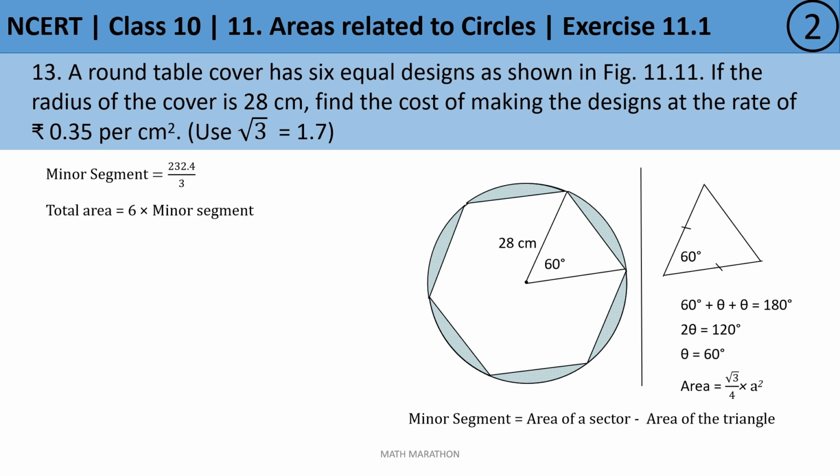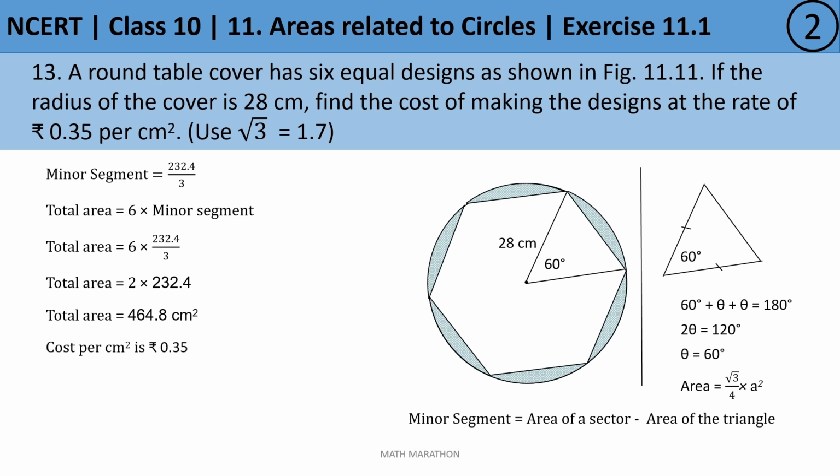Total area is equal to 6 multiplied by minor segment. Total area is equal to 6 multiplied by 232.4 by 3. Total area is equal to 2 multiplied by 232.4. Total area is equal to 464.8 centimeter square.